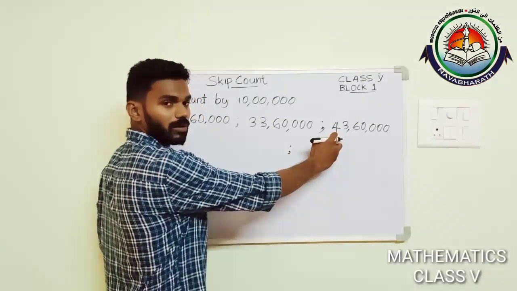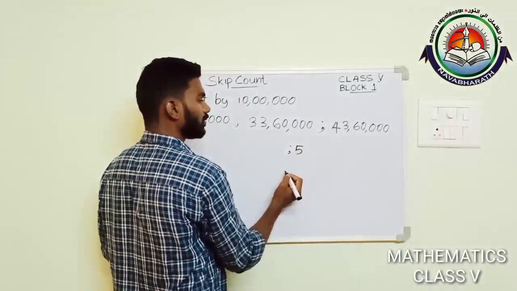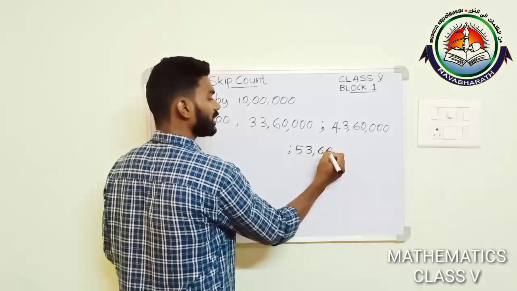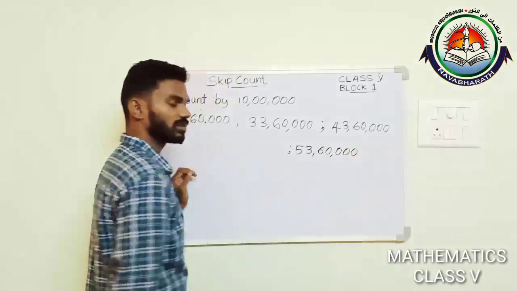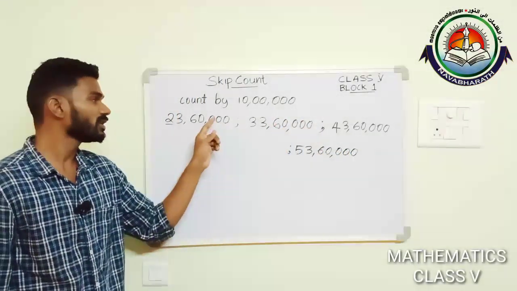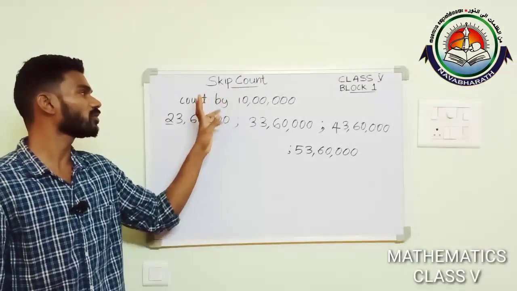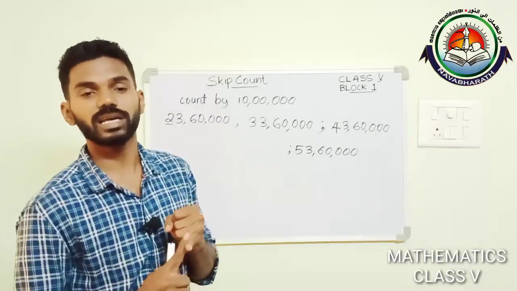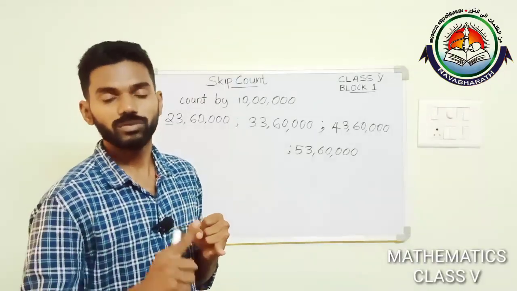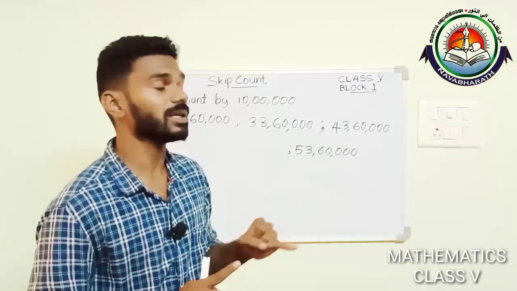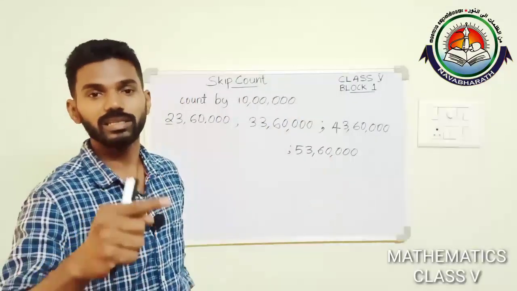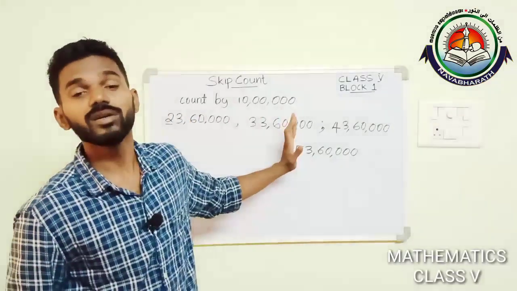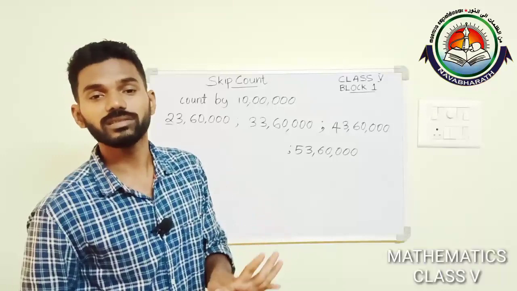Instead of this 4, you should write 5, so that it would be 53,60,000 and so on. So this is how skip count by 10 lakh can be done. To have a skip count by 10 lakh, you just consider the digit at the place of 10 lakh. Then increase it 1 by 1, so that the skip count by 10 lakh can be easily done. Clear?